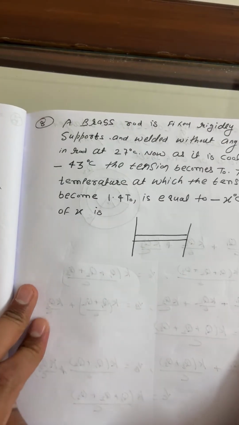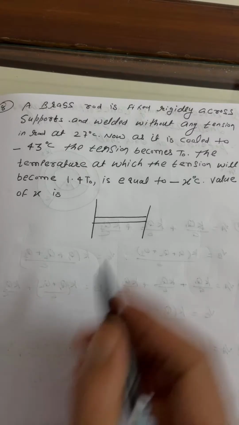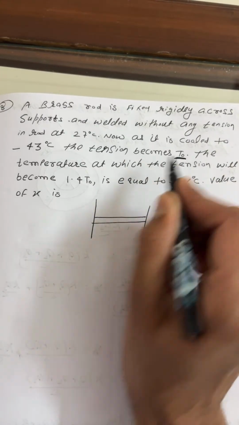Now students, have a look at the next question. The question says a brass rod is fixed rigidly across supports, built without any tension in the rod, at 27 degrees Celsius. Now, as it is cooled to minus 43 degrees Celsius, the tension becomes T naught.